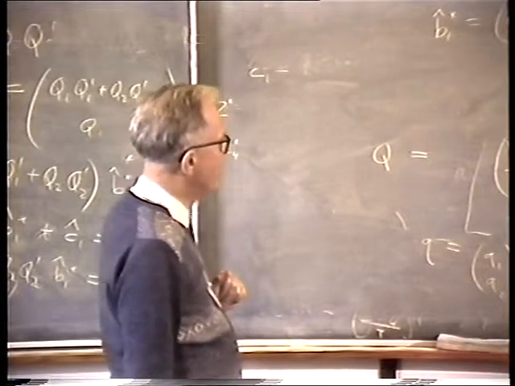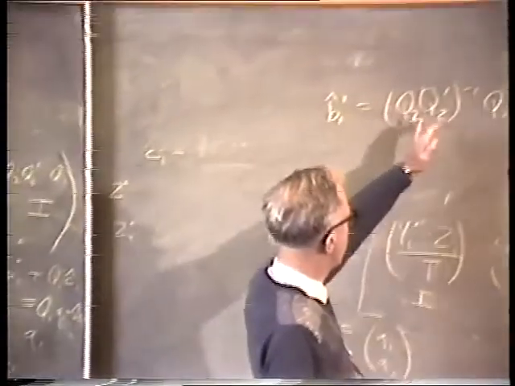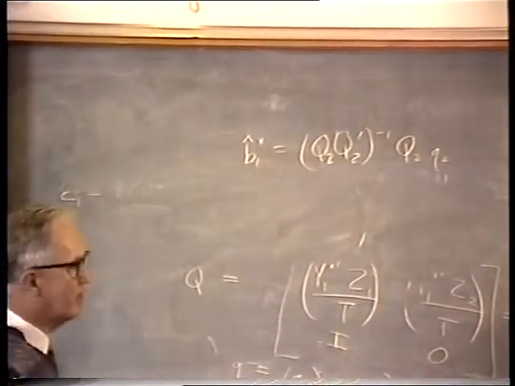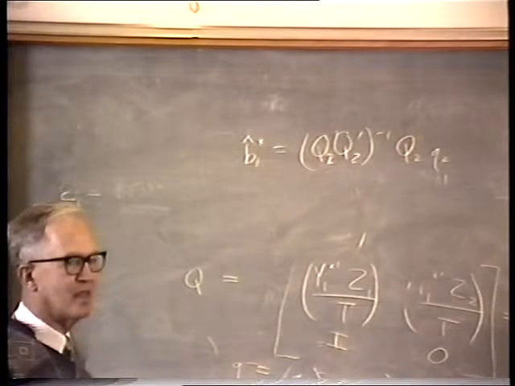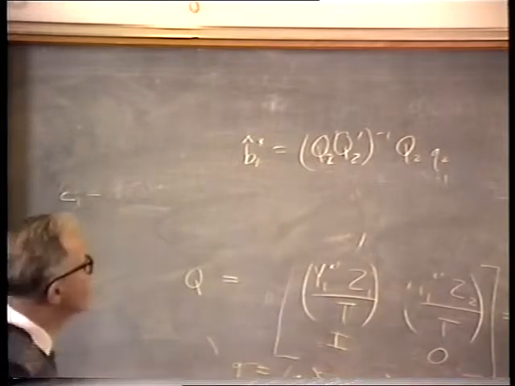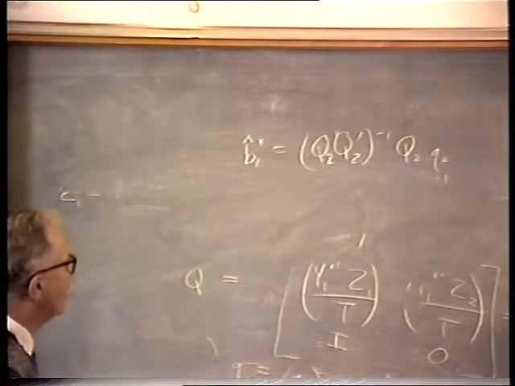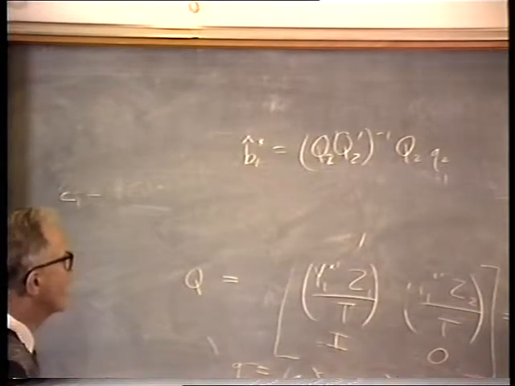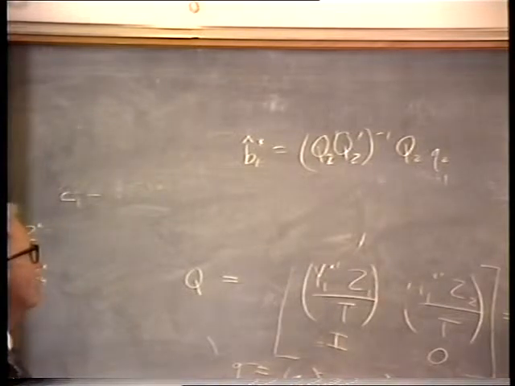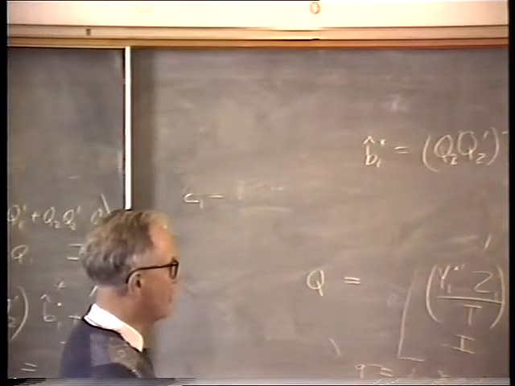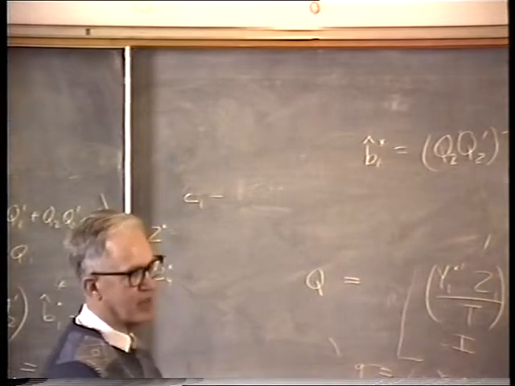If we looked at any element of Q2, Q2 prime, we would see that it was a sample covariance between such vectors. If we had the case that the means of these normally distributed variables were all 0, Q2, Q2 prime would be of the nature of a Wishart matrix.